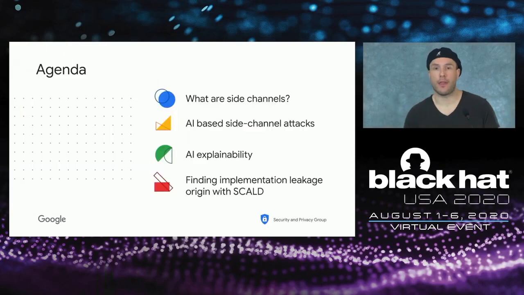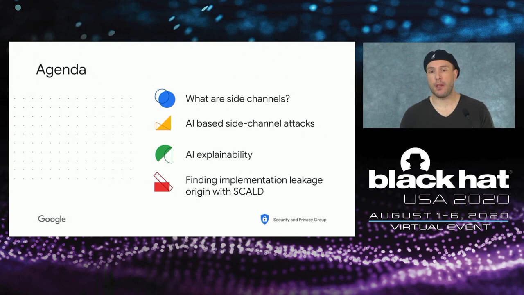So how are we going to get there? First, I'm going to briefly recap what side channel attacks are. Then I'm going to tell you very briefly how we perform side channel attacks using AI deep learning, which is what we presented last year. Then we're going to talk about AI explainability, which is the core of the technique we are leveraging to build the debugger.